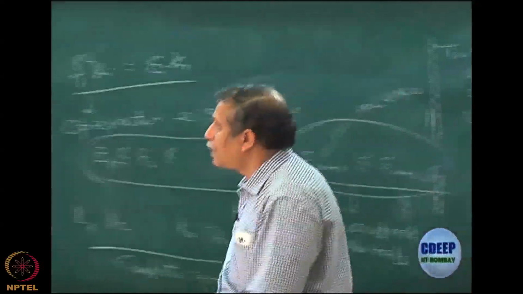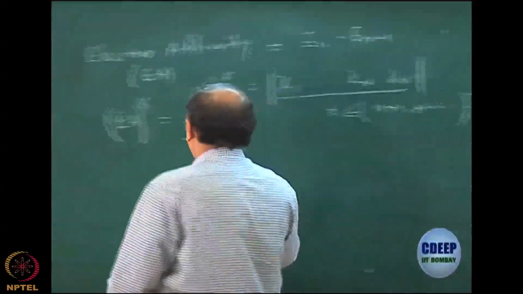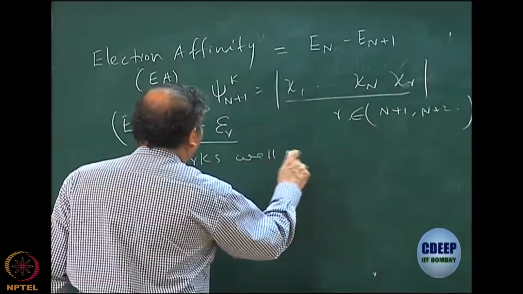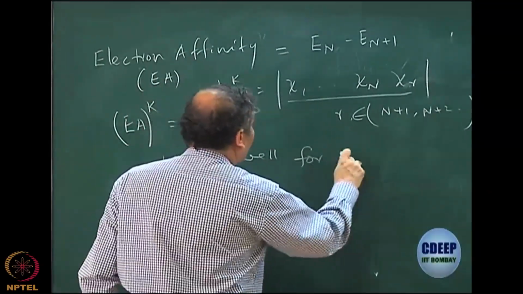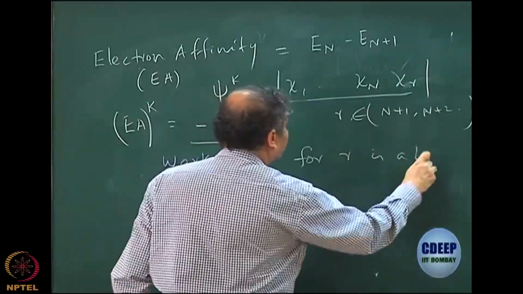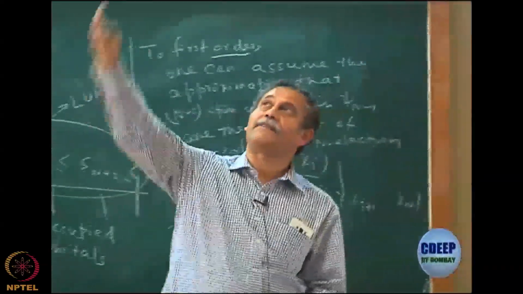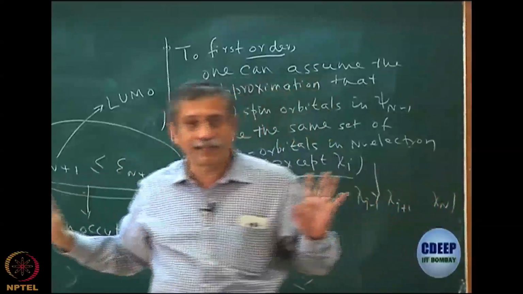Again, this works very well if r is the LUMO. I hope you understand what I mean now. That means r is N plus 1, just the next one. If you put it at very high energy, it does not work so well. That is one point.